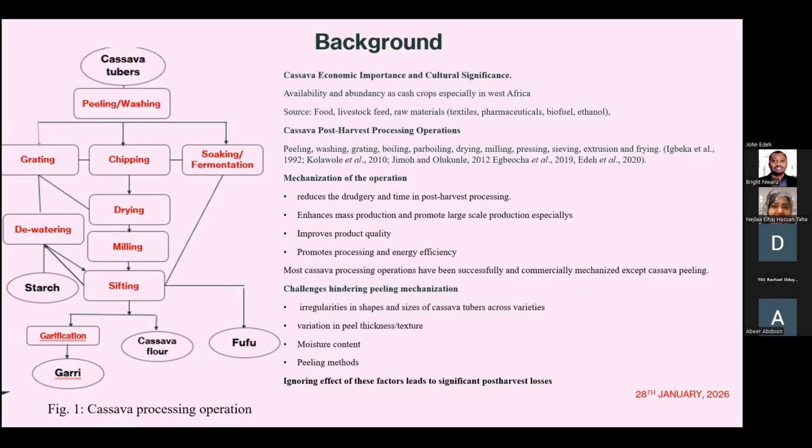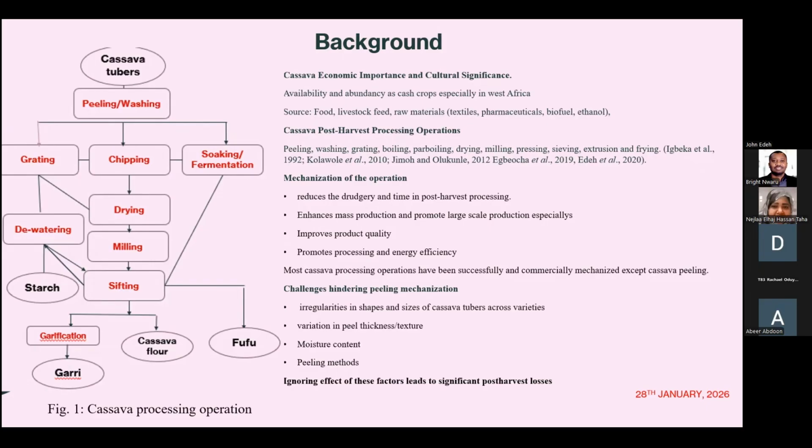And I don't think it will be wise enough for us to wait for a white man or the West to come and develop equipment that will process our God-given food crops. So the onus lies on us to solve our problem ourselves. I think that's what actually prompted this.